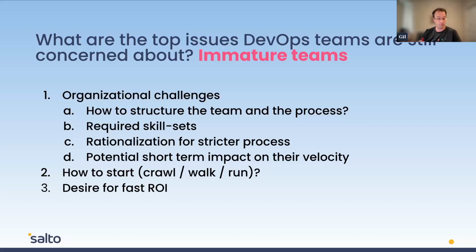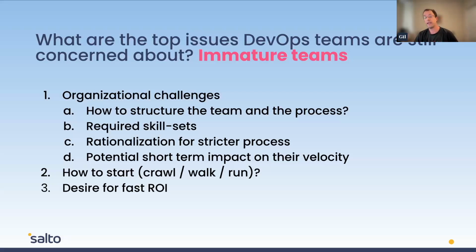You'd like to make sure that you follow a certain process which has traceability in it, and you can very well understand what it is that you're doing, etc. So if you are in a team which is just about to embark on this journey, these are questions that you need to make sure that you have good answers for, because if your main short-term driver for implementing a DevOps process in a small team is just increasing your velocity, there might be an issue with expectation setting right now within your organization.